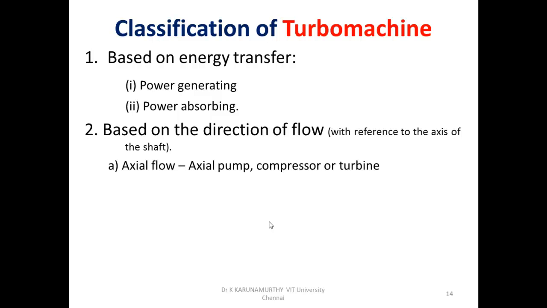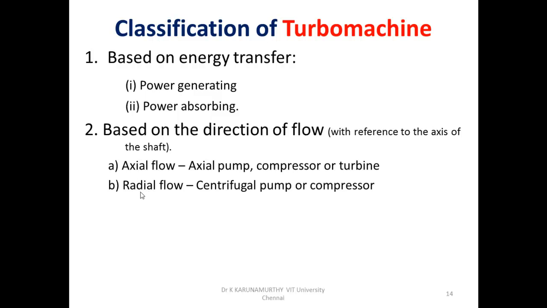When we say an axial flow turbo machine, that means the fluid flows parallel to the axis of the turbo machine. And we also have radial flow turbo machines. Basically, when a fluid flows, there are three different directions available. One is the axial direction, another is the radial direction, and the third is the tangential direction.